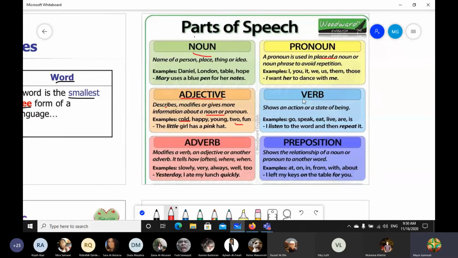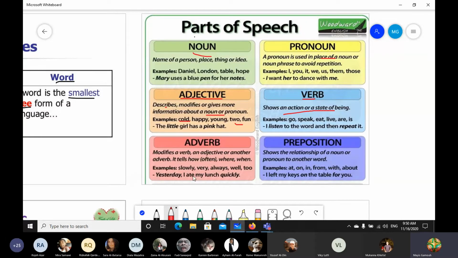Verb shows an action or a state of being, because we said that we have two types in our lessons, which are the action verbs and the stative verbs. And we have the adverb, which modifies or explains a verb, an adjective, or another adverb. It tells how often, where, or when.